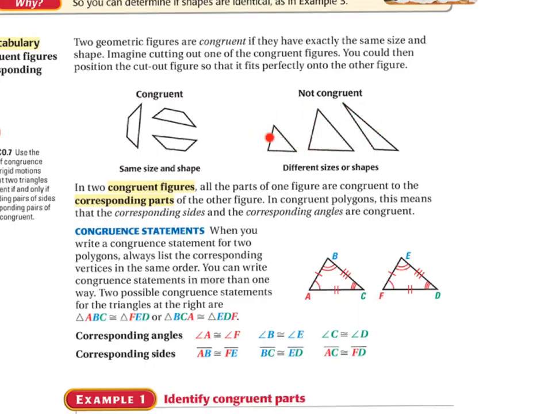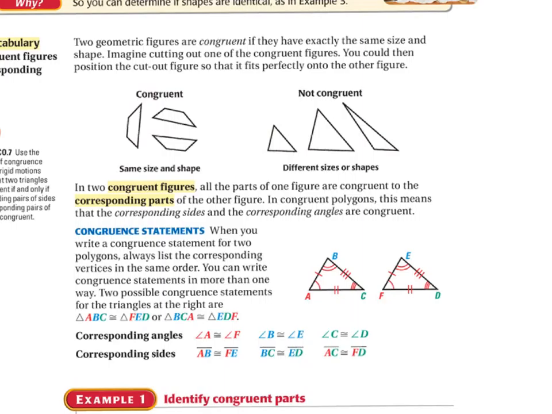So for two geometric figures to be congruent, they have to have the exact same size and shape, the same sides, and the same angles. So whenever you're writing out a congruent statement for your triangles, what you want to do is make sure that your angles are all lined up here.